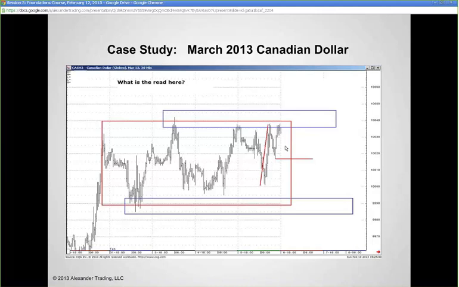If you can't afford the magnitude of the risk of a trade, don't take it regardless of the potential reward. And actually, the Canadian dollar is a great market to trade because it is a market that you can generally trade with less initial risk, less initial exposure than most other markets.